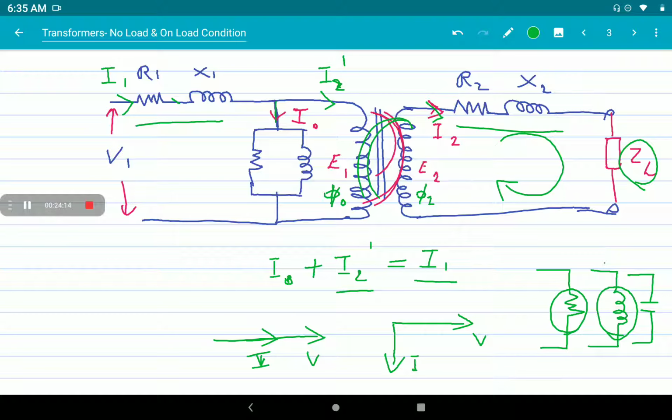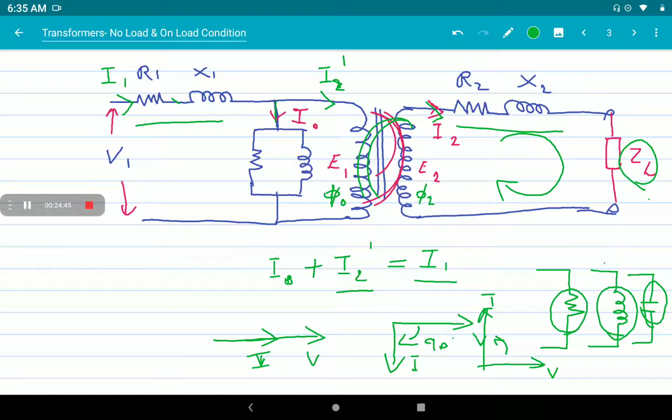Current lags behind the voltage by 90 degree. Lagging നെ നമ്മൾ 90 degree clockwise directionലാണ് represent ചെയ്യുക. If it is a capacitive load, voltage and current relationship will be like this. Current will lead the voltage by 90 degree. അങ്ങനെ മൂന്ന് പ്രോപ്പർട്ടീസ് ആണ്, ഡിഫറെൻറ്റ് പ്രോപ്പർട്ടീസ് ആണ് റെപ്രസെൻറ്റ് ചെയ്യുക. സോ the voltage current relationship will depend upon the characteristics of load, if it is resistive, inductive or capacitive.